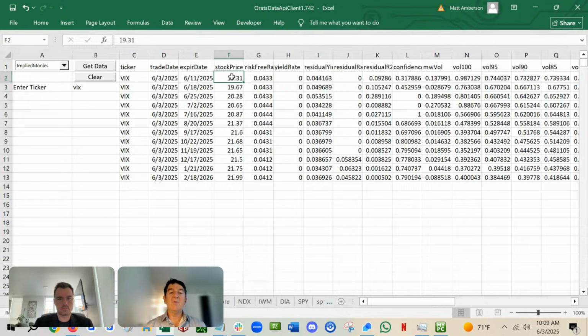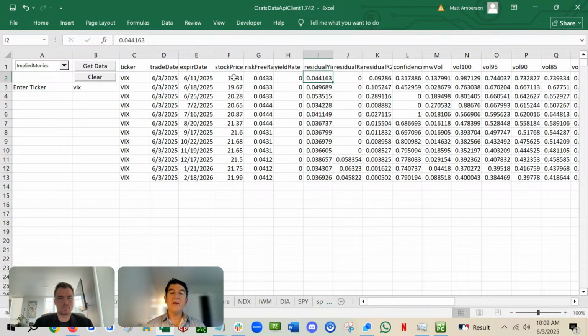So that's the first thing that you'll notice. For all stocks and ETFs, the stock price will just be the stock price that you'll see. But obviously for SPX, XSP and others, there's no stock price, so we calculate an implied futures that we then calculate all of the Greeks upon.